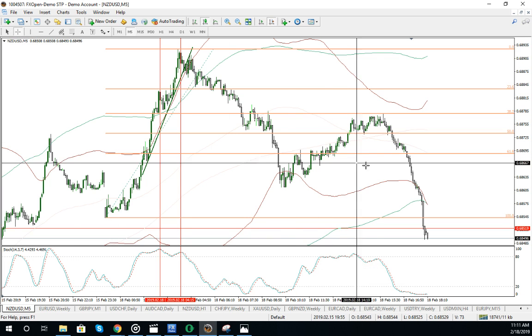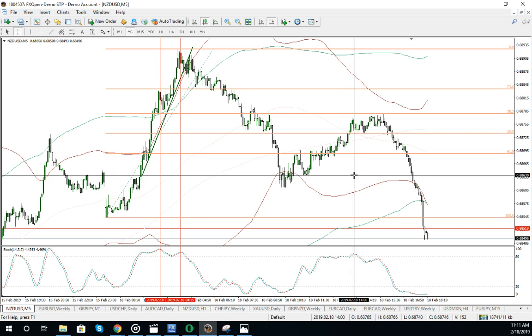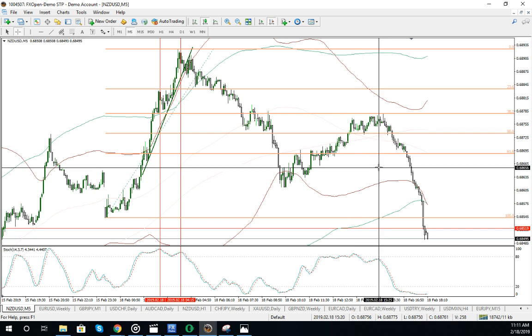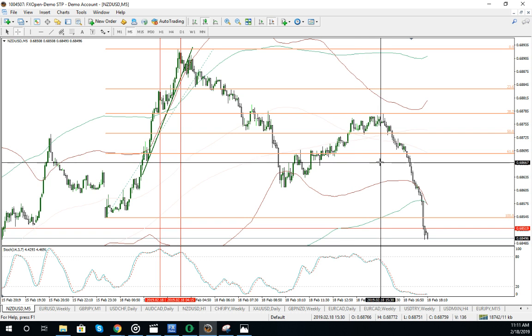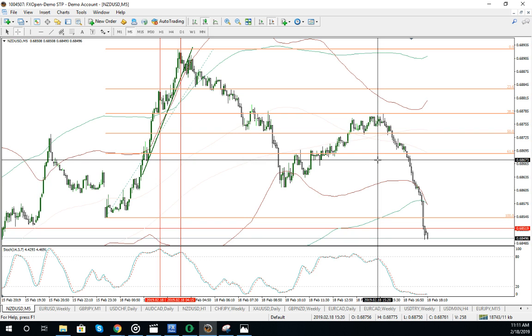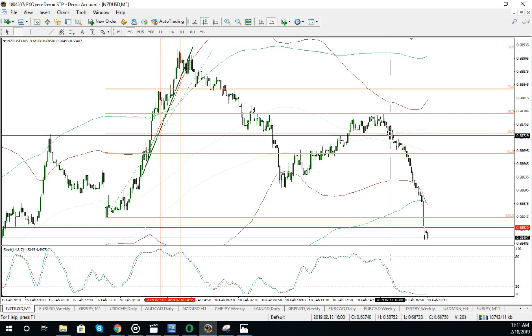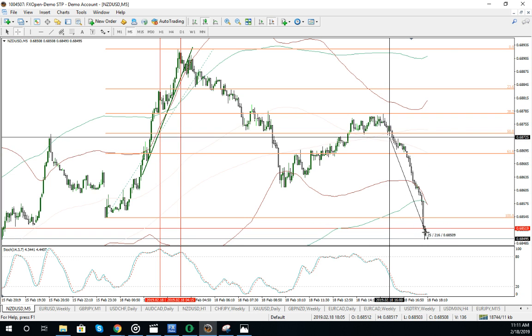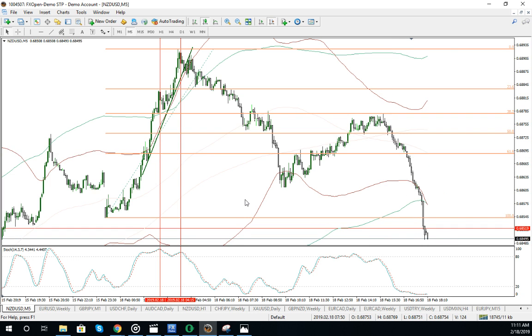You have this high, and then the price makes a slight new high, and a lower high in the divergence, and then it moved lower. Now it really tanked. So there could be dollar strength, right?